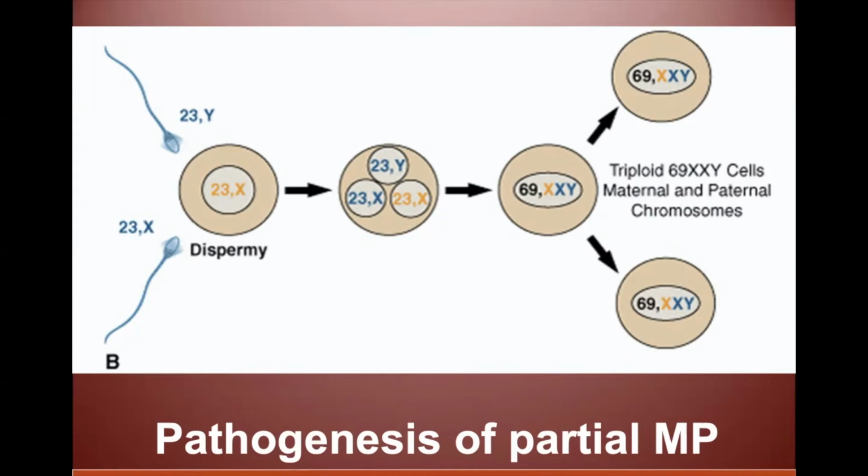Fetuses with partial mole usually have stigmata of triploidy, multiple congenital anomalies, and growth retardation.